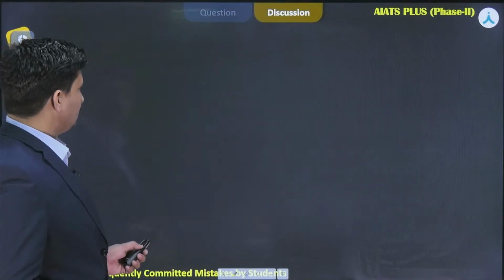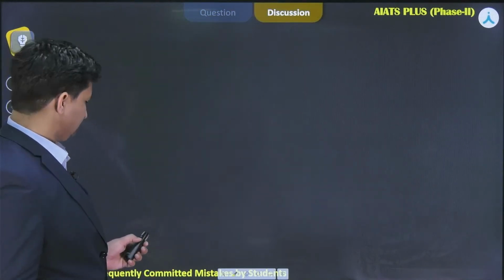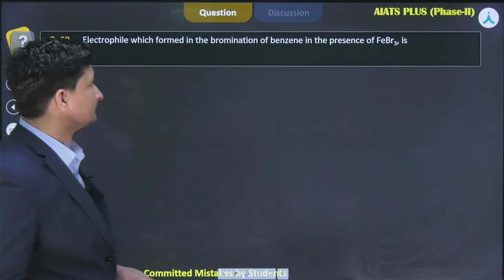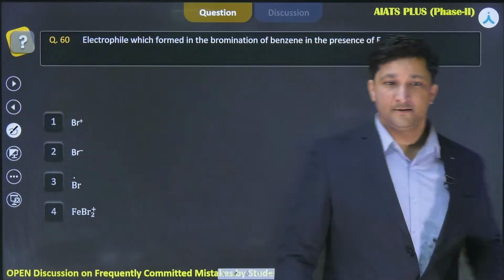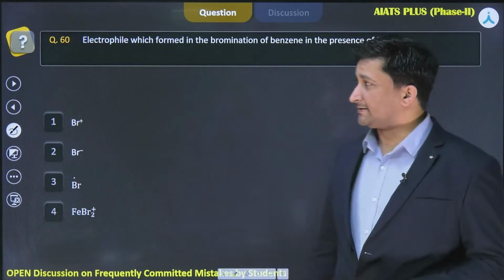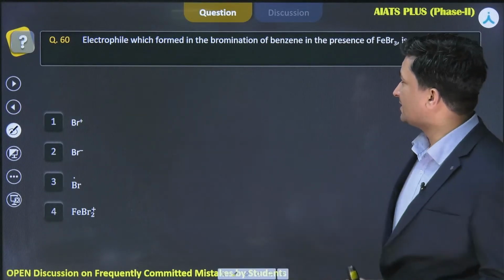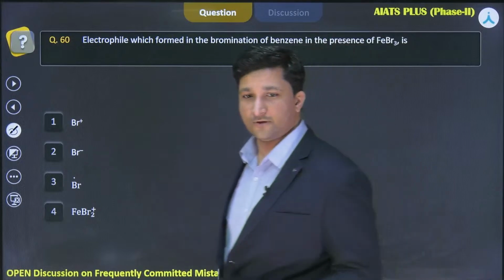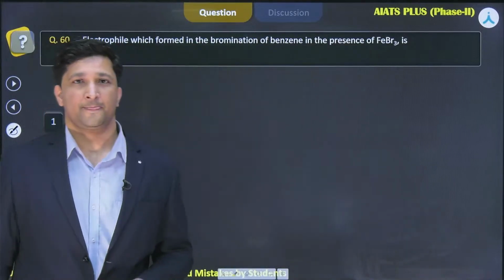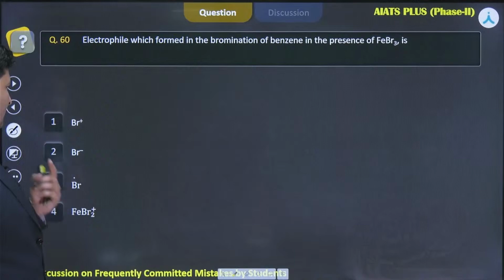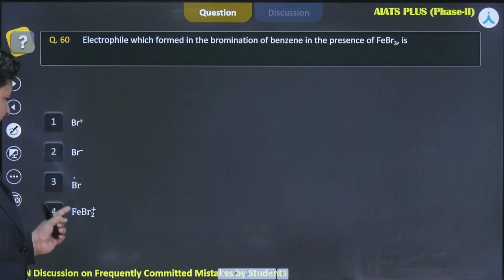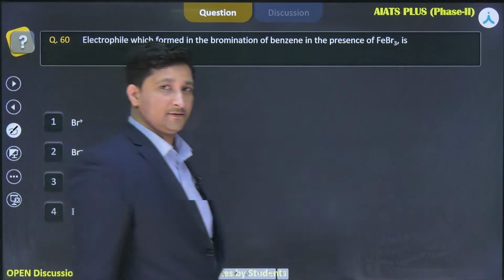Okay, now let's come back to the new question. There is question number 60. The electrophile which is formed in the bromination of benzene in the presence of FeBr3 is: Br plus, Br minus, Br free radical, FeBr2 plus.